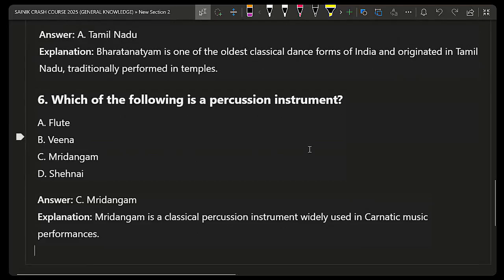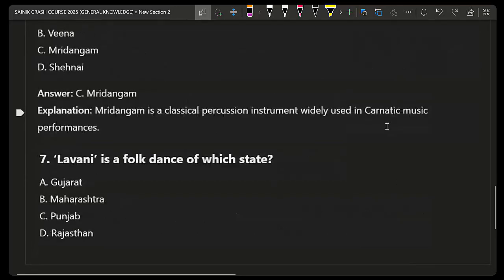Lavani is a folk dance of which state? Gujarat, Maharashtra, Punjab, Rajasthan. Lavani is a folk dance of which state?